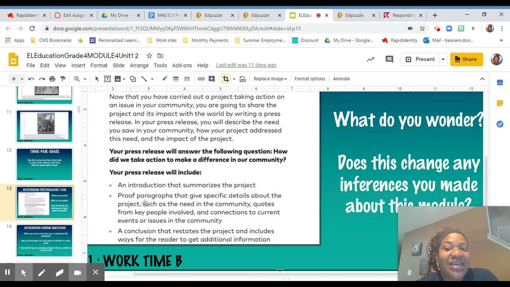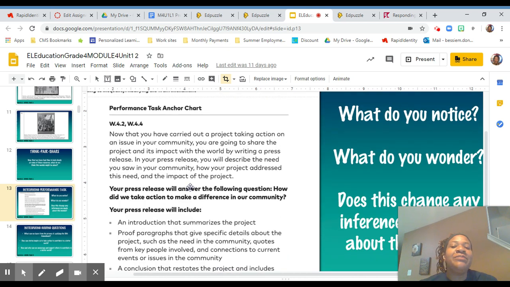So in this press release, you're going to think about something in your community right now. So many things are going on in our community that we could consider issues, something that we can fix, or something that we want people to know a lot about. Or it could be information that you want to share with your community.